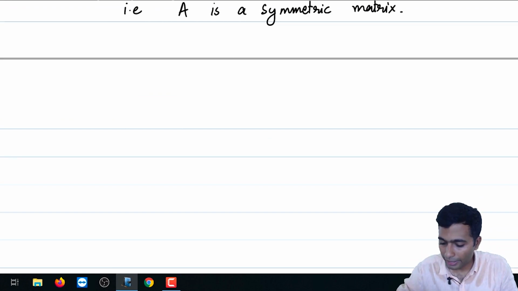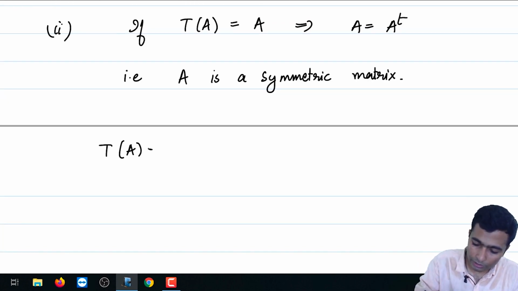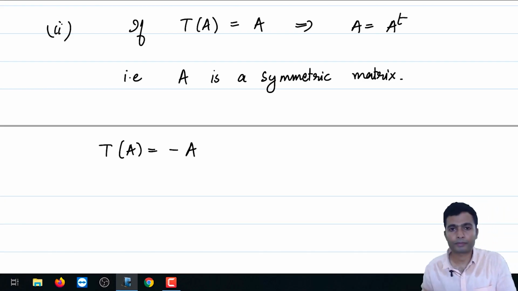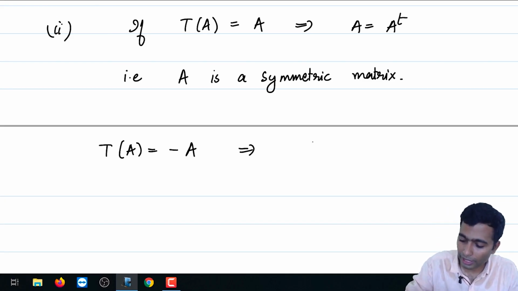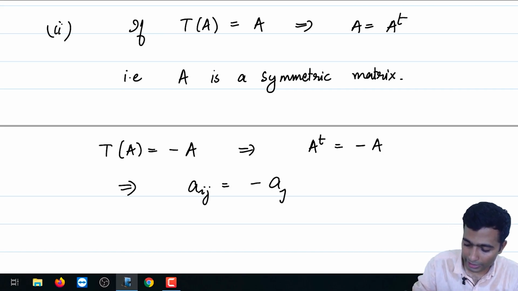Okay, and what will happen when T of A is equal to minus A, lambda being minus 1 here? This implies that A transpose is equal to minus A. So this implies that Aij is equal to minus Aji.